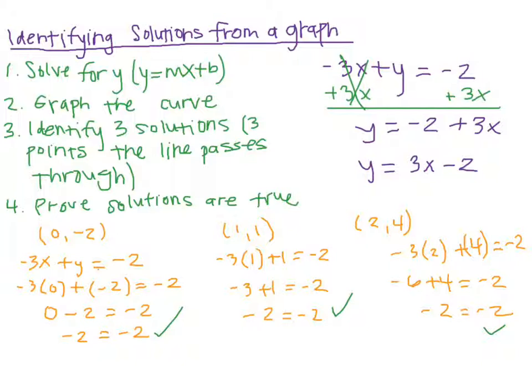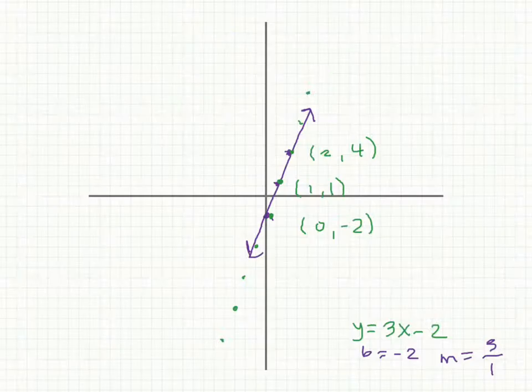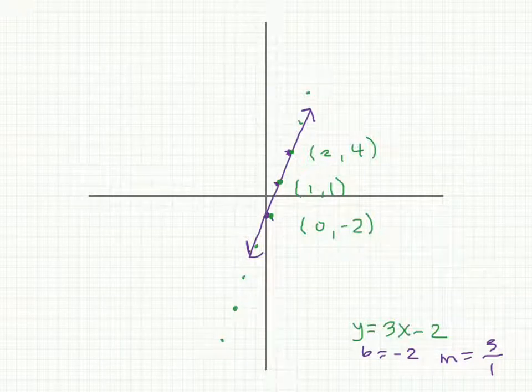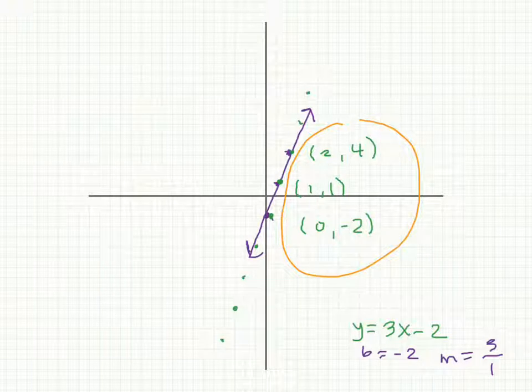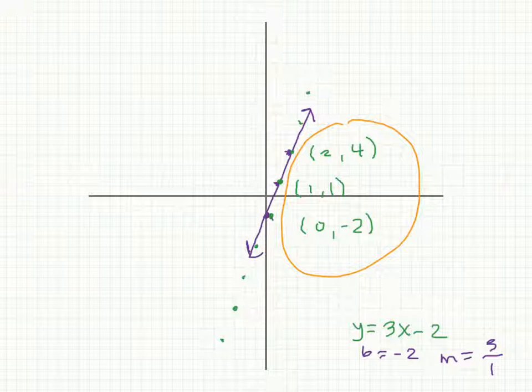So that tells me that my answer is correct. And just as a reminder, our answer is these 3 solutions: (2, 4), (1, 1), and (0, -2). Those are 3 solutions to the curve -3x plus y equals -2, or to the curve y equals 3x minus 2.